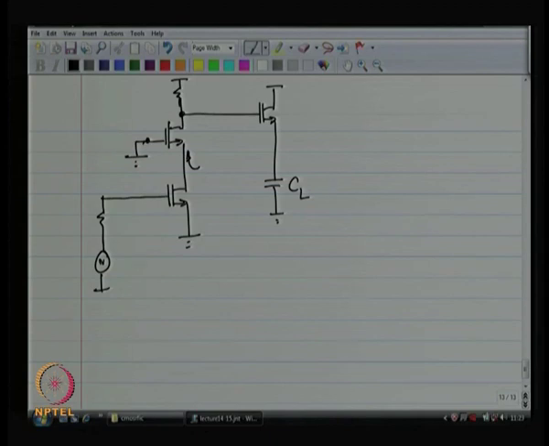You are looking into the source of a MOSFET that will show a low resistance, and as a result you are going to get a much lower gain from the first device.